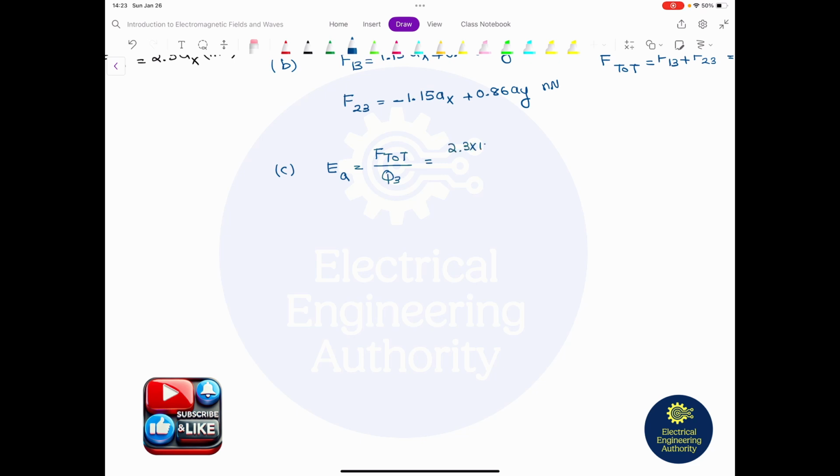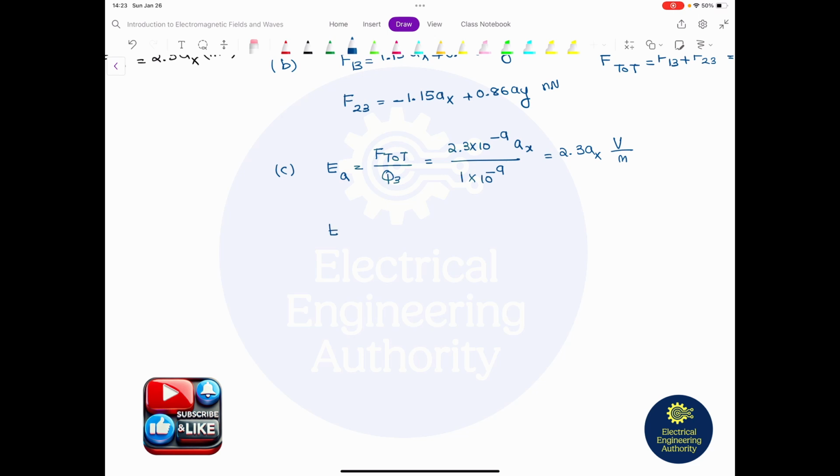That would be 2.3 multiplied by 10 to the negative 9 AX over Q3, which was 1 nanocoulomb, so 1 multiplied by 10 to the negative 9. And that would give us 2.3 AX volt per meter, which is the unit of the electric field.